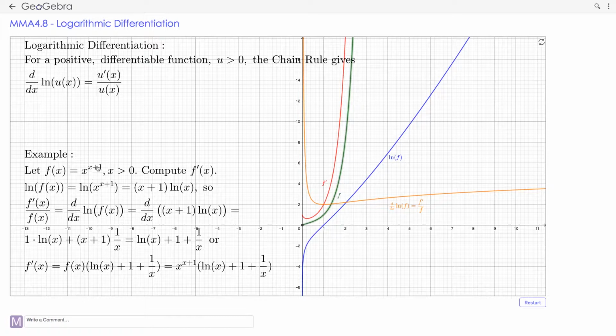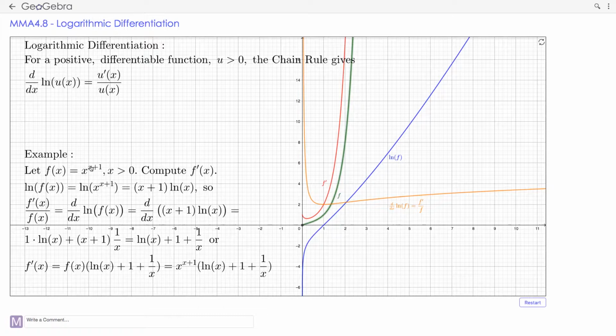But we don't have anything that allows us to differentiate this. We don't have any rules for a function where the variable is base and exponent at the same time. We haven't seen anything like that.